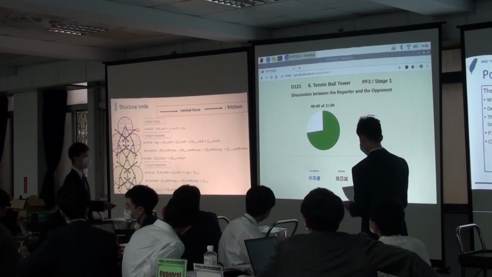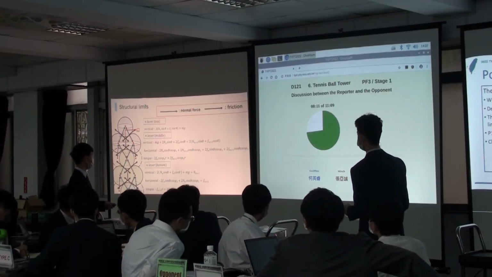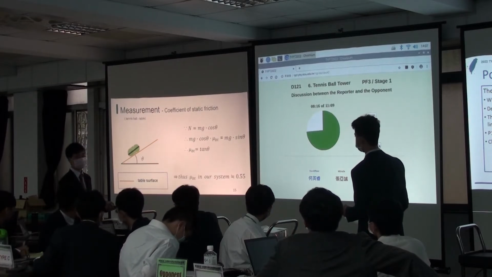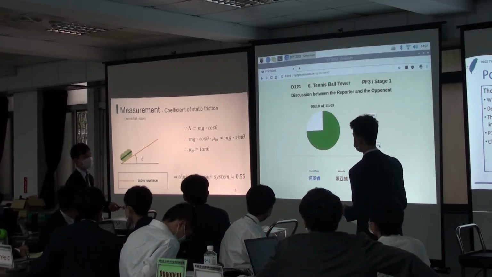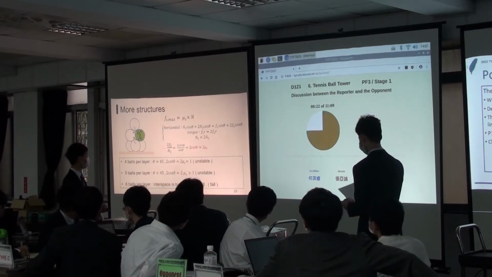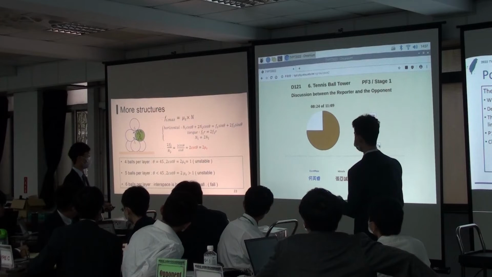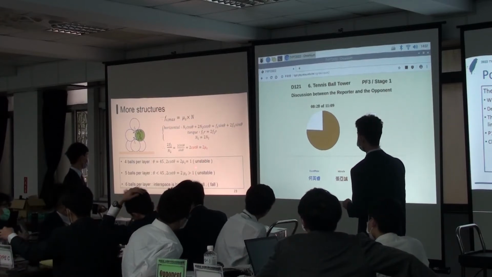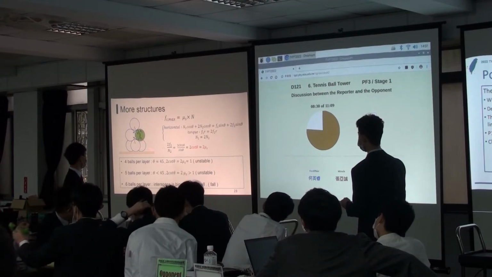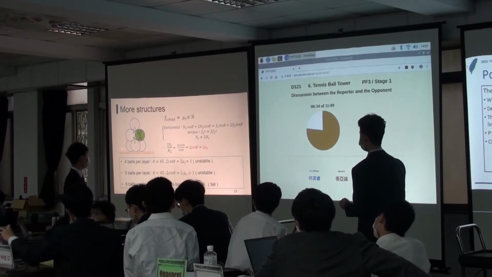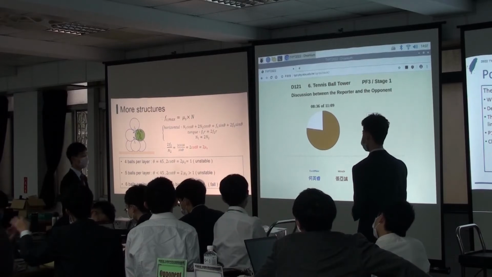For example, go to the page where it says that it is impossible to stack a tennis tower with 4 balls per layer and 5 balls per layer. Can you go to page 23? Yes, exactly. So if you increase the friction coefficient to match this condition, will you be able to stack the tower?